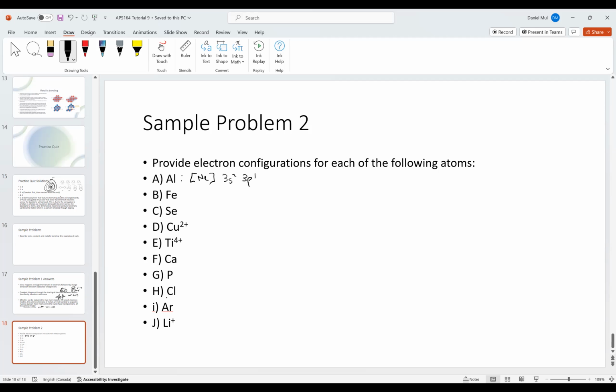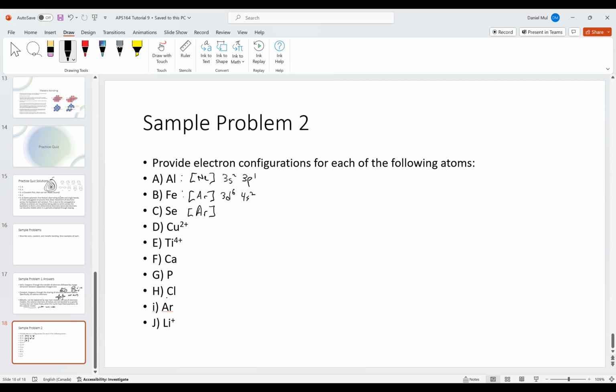For iron, I'd have argon in brackets. I'd have 3d6, and then 4s2.